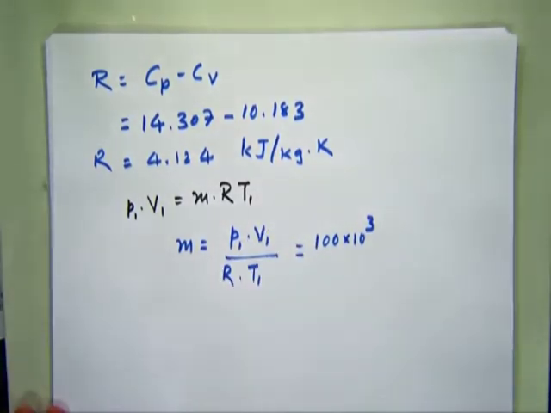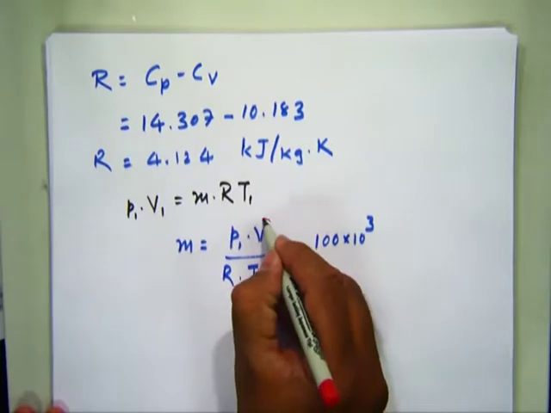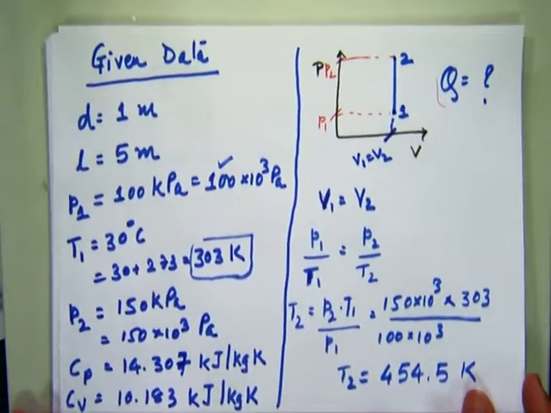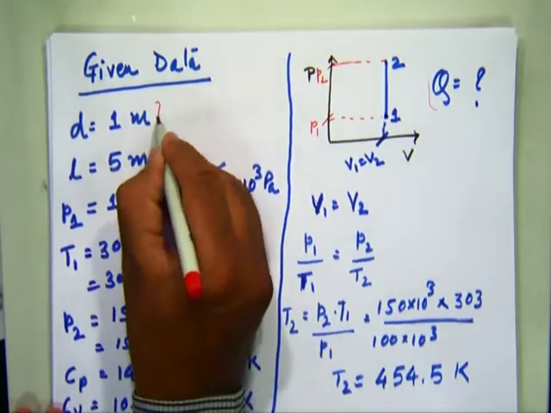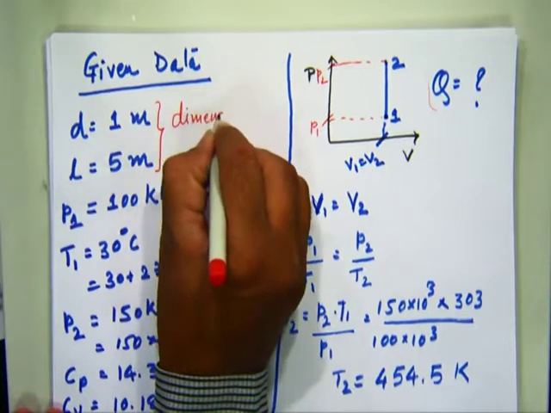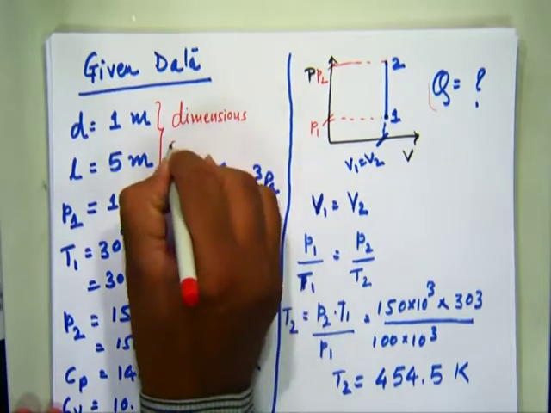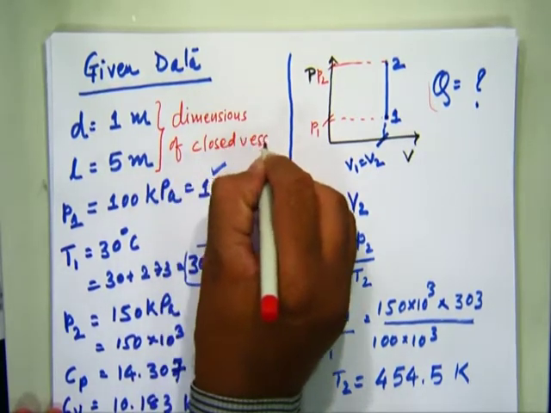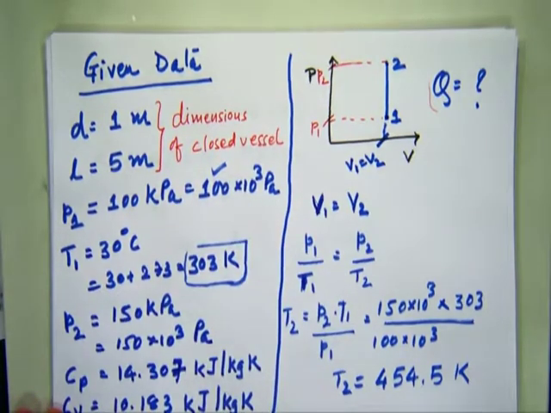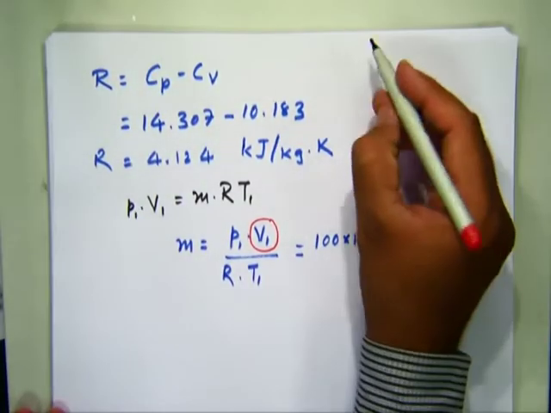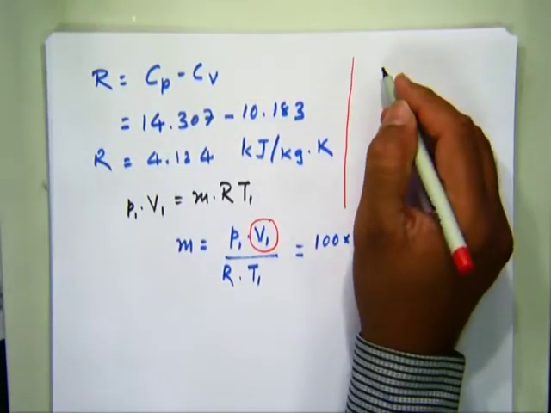Volume V1 is not given. How will you find out the volume V1? The dimensions of the closed vessel are given. Length and diameter are given. You can easily find out the volume.